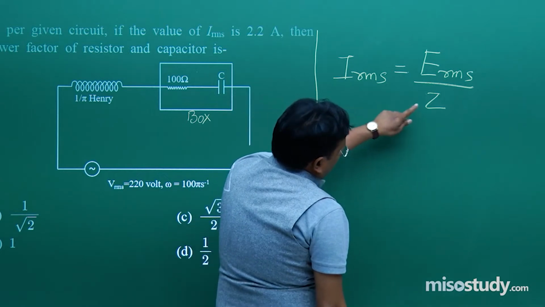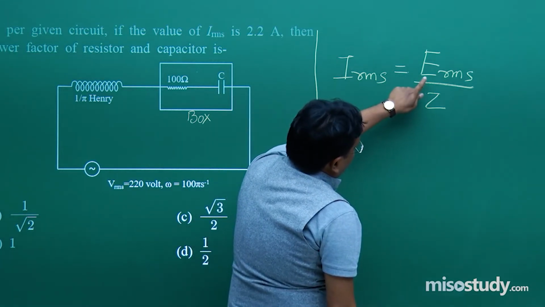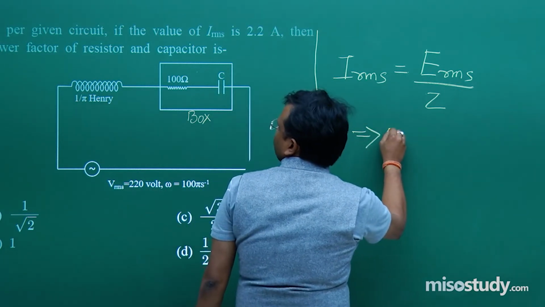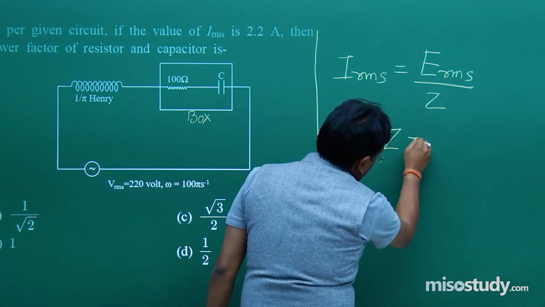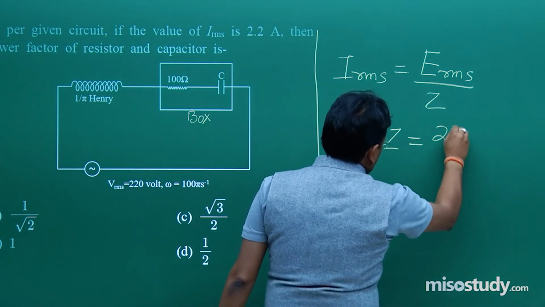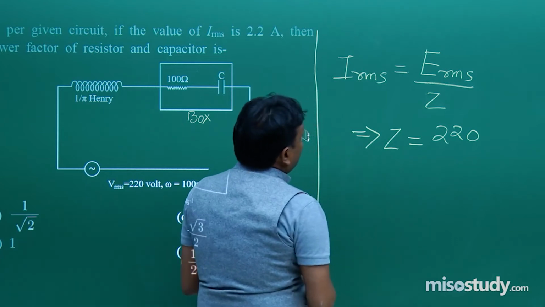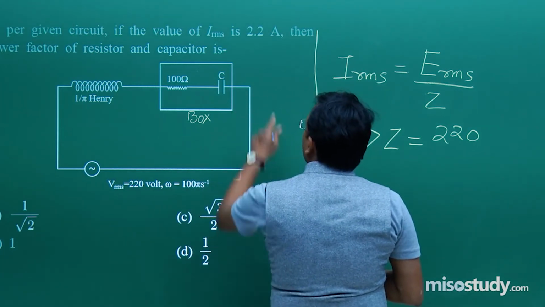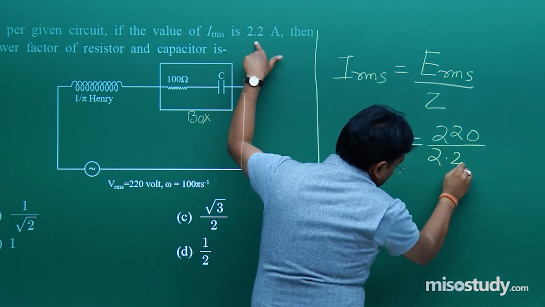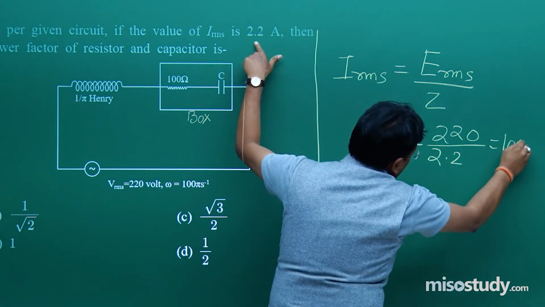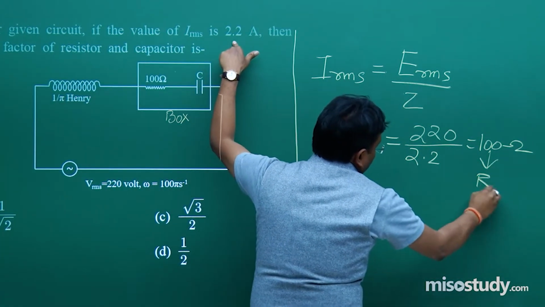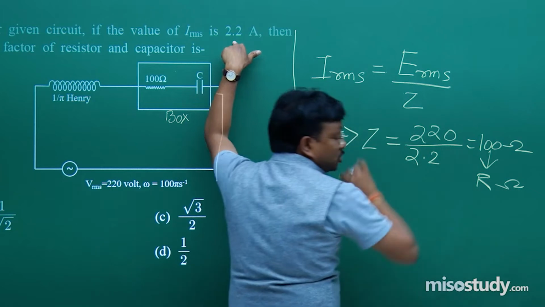So, IRMS is equal to ERMS upon Z. So, from here Z is equal to how much? That is 220 upon 2.2, it will give you 100 ohm, and it is also your resistance, this much ohm.